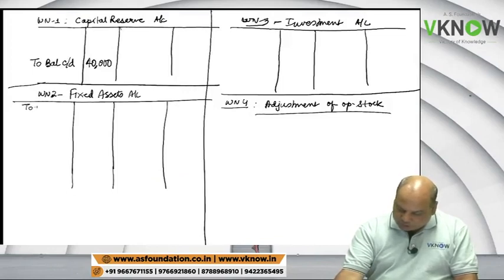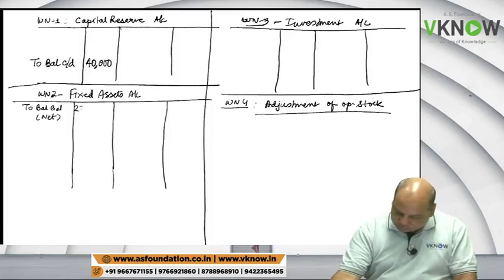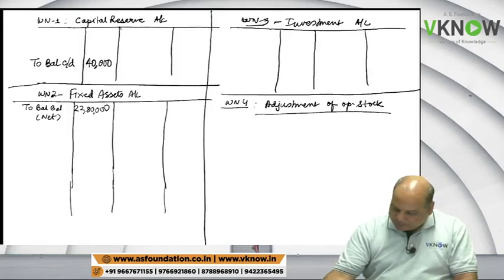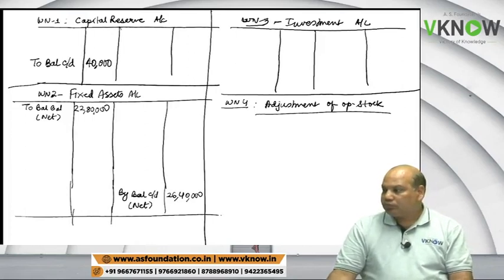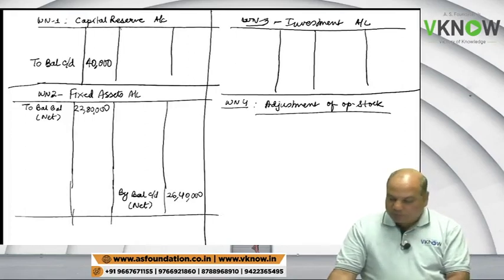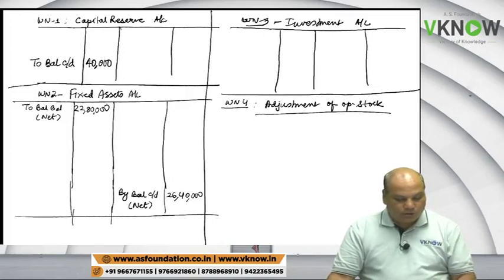So write down here: to balance brought down, net of depreciation, 22,80,000, and by balance carried down, net of depreciation, 26,40,000. I will come back to this later.